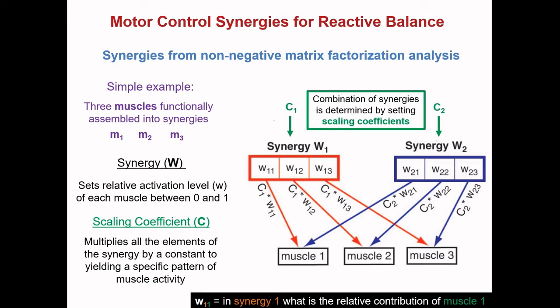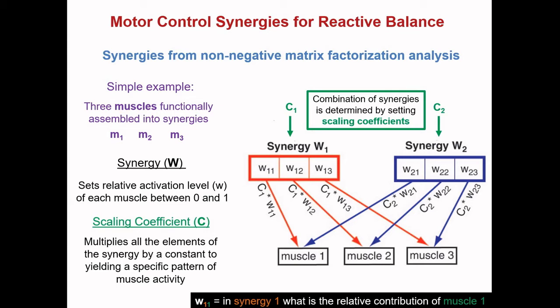We can see that scaling coefficient C1 is related to synergy 1, and scaling coefficient C2 is related to synergy 2. If we make C1 larger than C2, then synergy 1 will make a larger contribution to the organization of the movement.